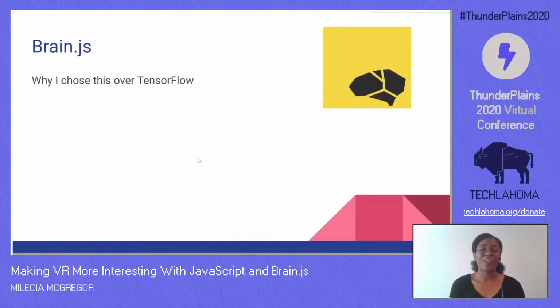But we're getting to talk about my personal favorite JavaScript machine learning library, Brain.js. So there are a lot of reasons I chose this over TensorFlow, a lot of reasons, but one of them is because it's easier to use.